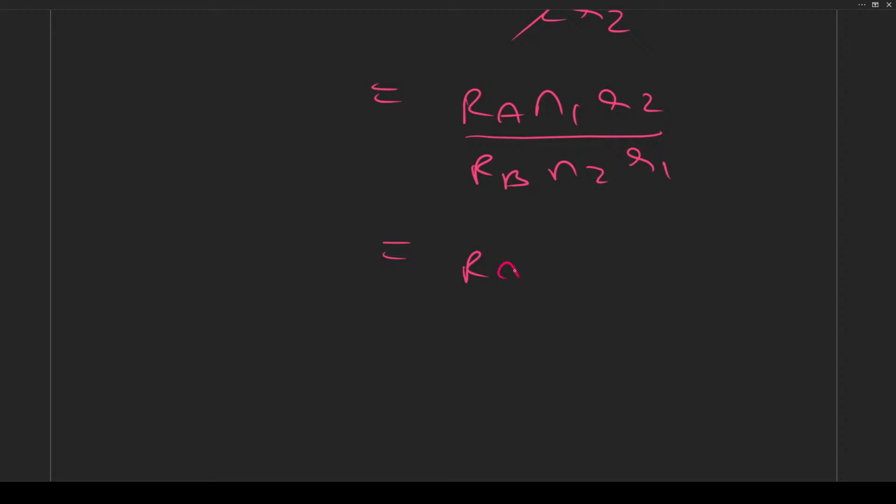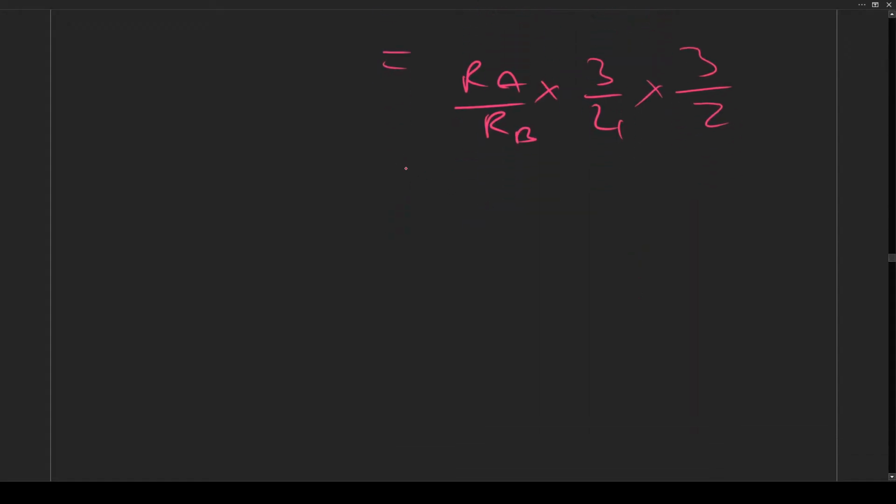This is R_A by R_B times N1 by N2, which we know is 3 by 4, times R2 by R1, which we can write as 3 by 2, and we will get the resistance.